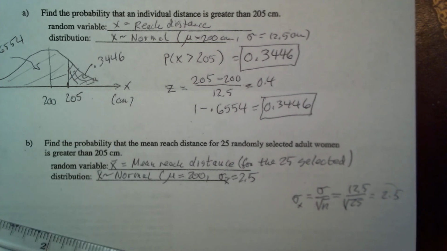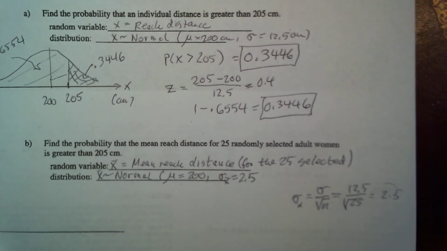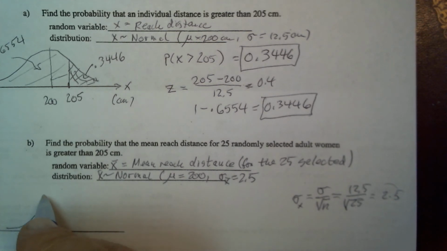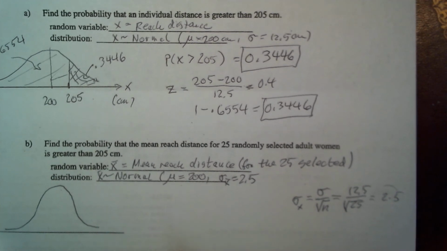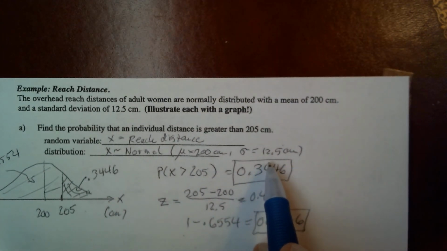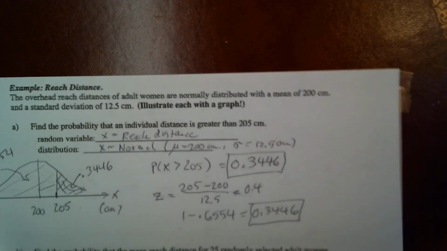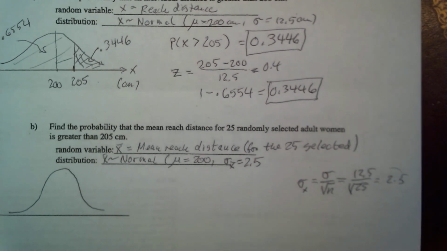Now when we draw a graph here, our distribution is going to look like this. It's going to be a little bit narrower because the standard deviation is less. Remember the standard deviation before, when we didn't look at the sample, just at a single person, it was 12.5. Now it's 2.5, so it's narrower for sure.